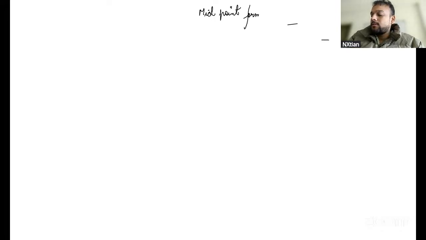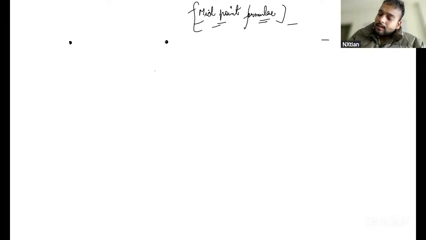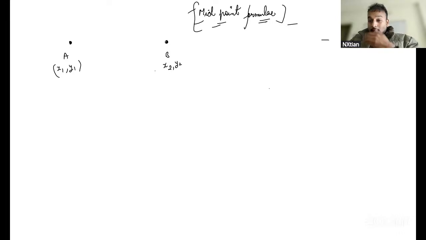For example, these are the 2 points A and B. This coordinate is x1 comma y1, and this coordinate is x2 comma y2.